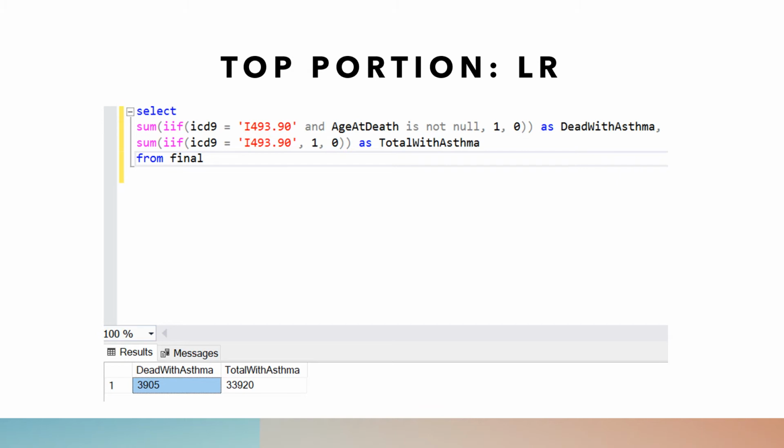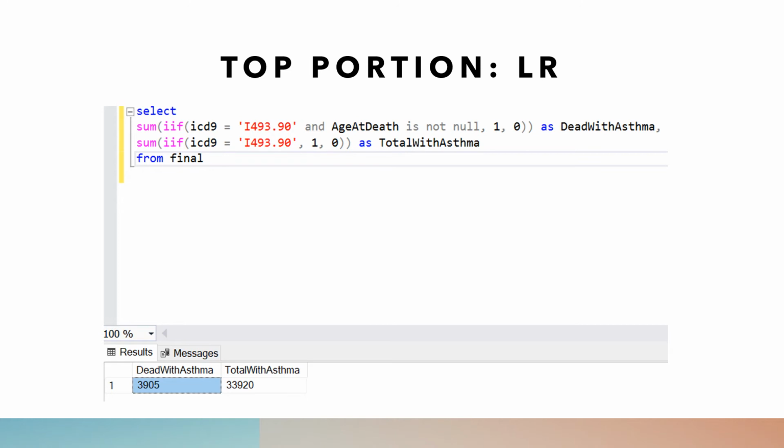What we have here is essentially a formula that says if ICD-9 equals I493.90, which is the code for asthma, and age of death is not null, meaning that the person has in fact died, return a value of 1. If not, return 0 for the dead with asthma column.